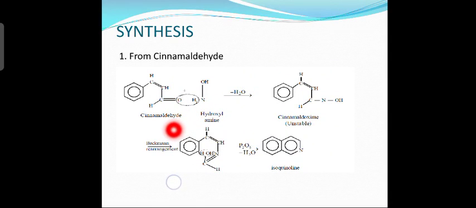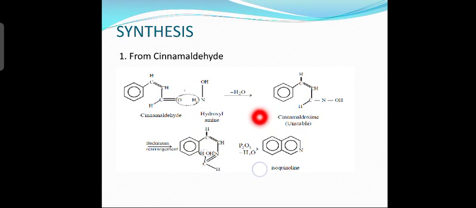Starting from cinnamaldehyde, how is it synthesized? What is the formula of cinnamaldehyde? Benzene ring, CH, and then CHO. This is the aldehyde group. It reacts with hydroxylamine, NH2OH, and elimination of a molecule of water takes place.